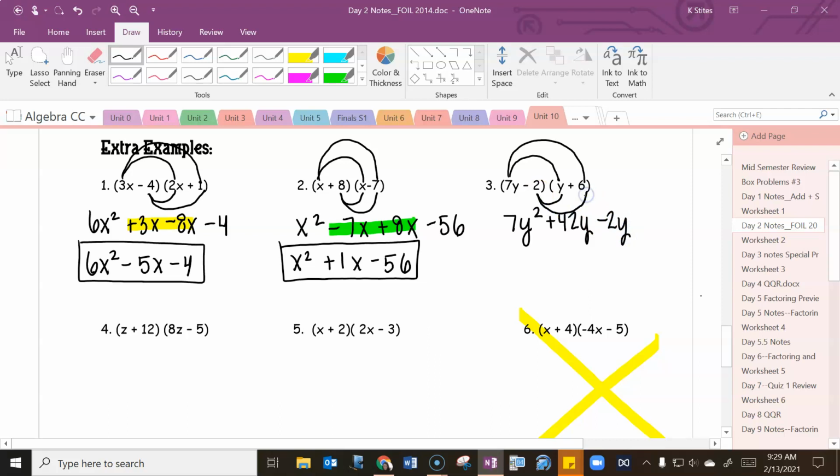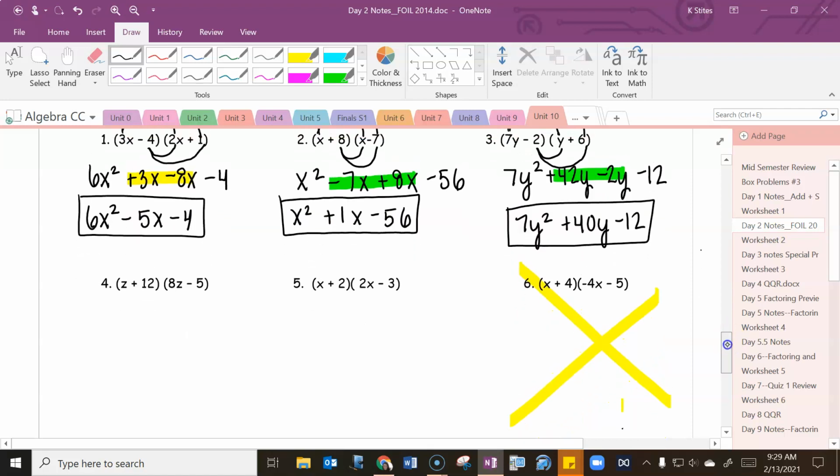And last, negative 2 times 6 is negative 12. Like terms are in the middle. Make sure you combine them. Remember, you're adding now or subtracting here. 42y minus 2y is 40y. Okay, so FOIL does involve multiplying and adding, subtracting. The FOIL part is the multiplying, and then the adding and subtracting is the combining like terms part.